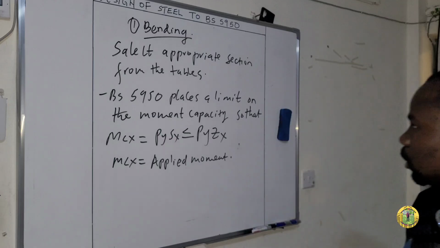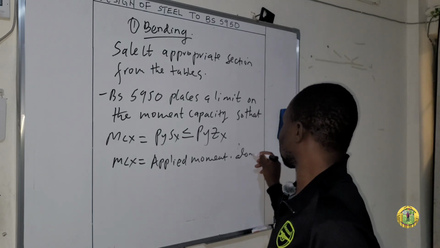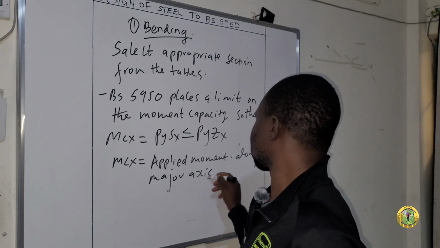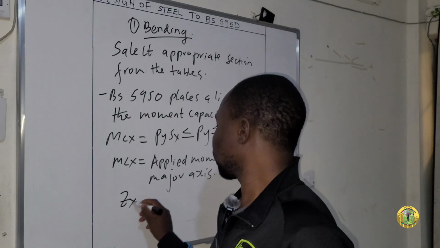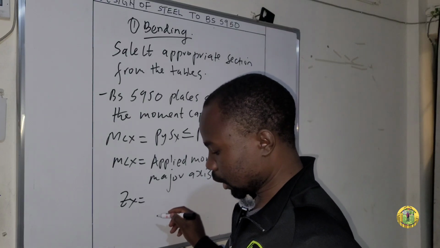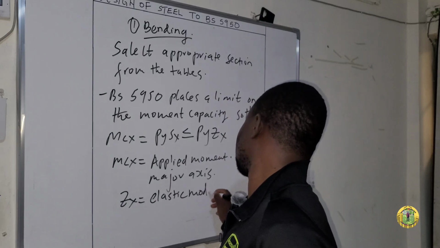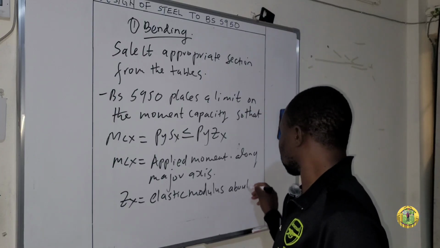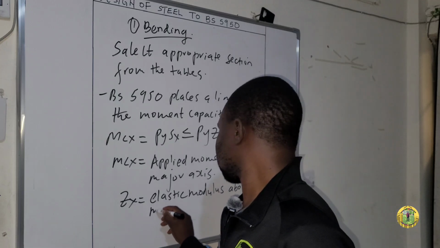You'll see this later in our coming examples. This is along the major axis. Zx is equal to the elastic modulus about the major axis.